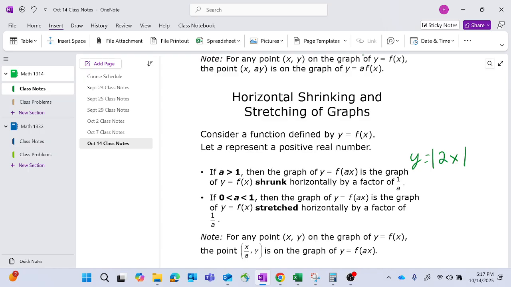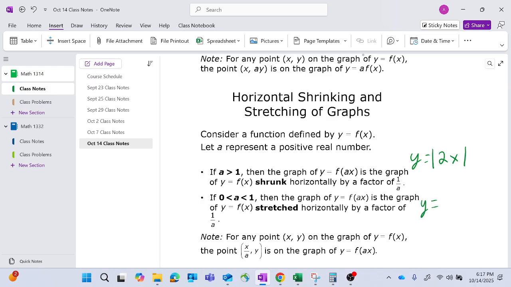Y equals the absolute value of 2x is a horizontal compression. And when I say it does the opposite of what you expect, well, it's 2 times x, it should make it wider, right? You'd expect that, but x's always do the opposite. So it's going to actually make it more compressed than stretched. That compresses it rather than stretches is a better way to say it. All right.